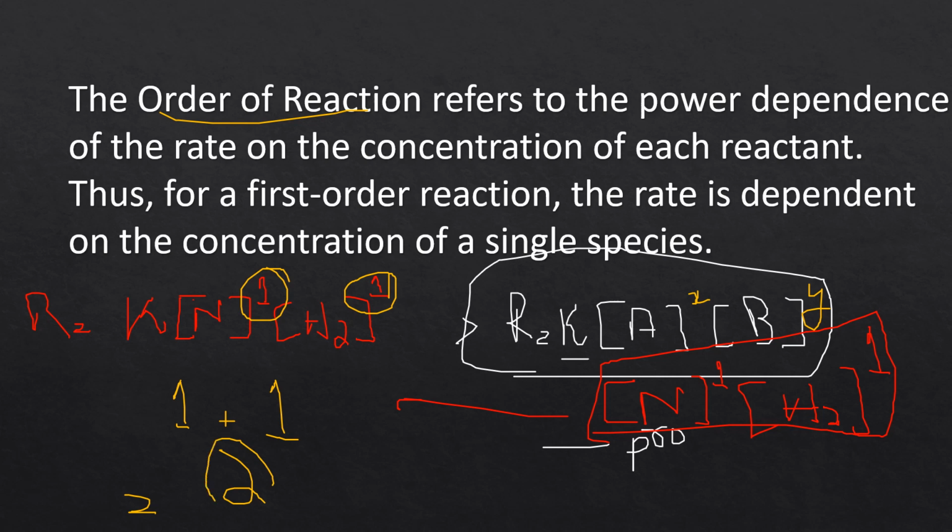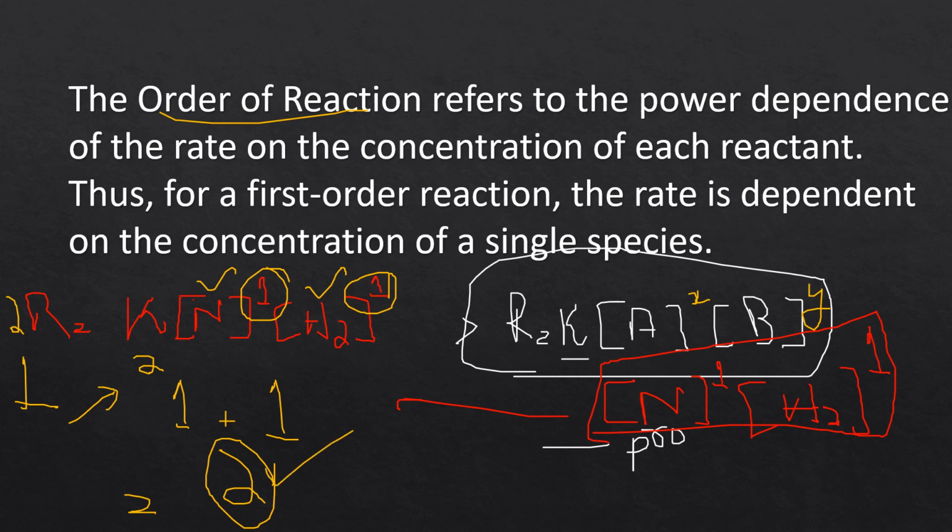Now what does that actually mean? That means when the reaction happens, the concentrations of N2 and H2 will be doubled. What does that mean? That basically means it is second order.